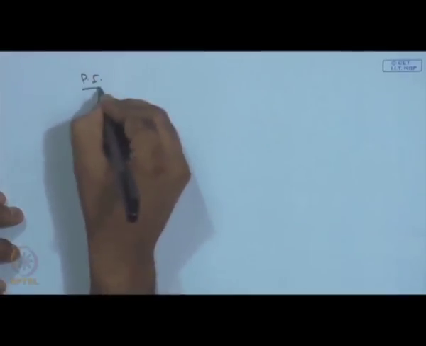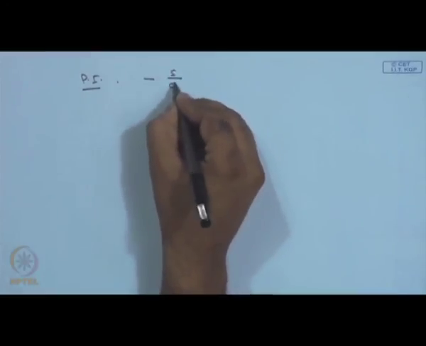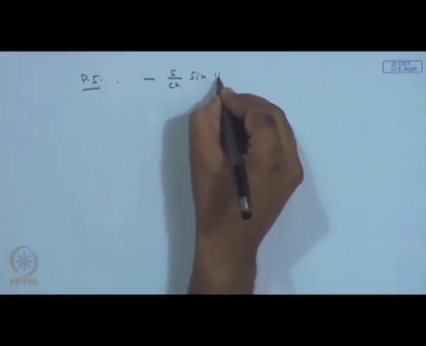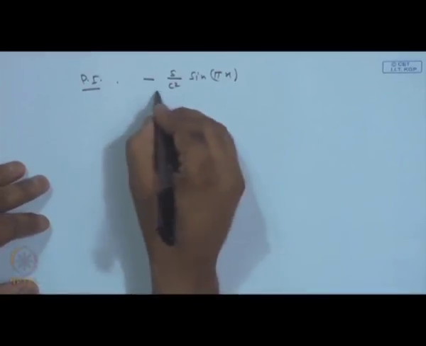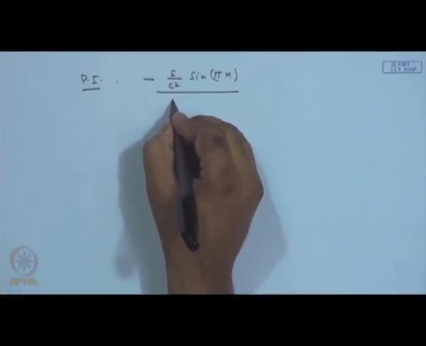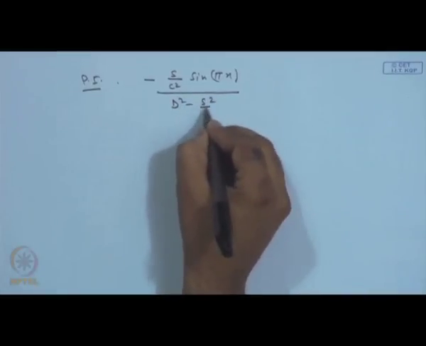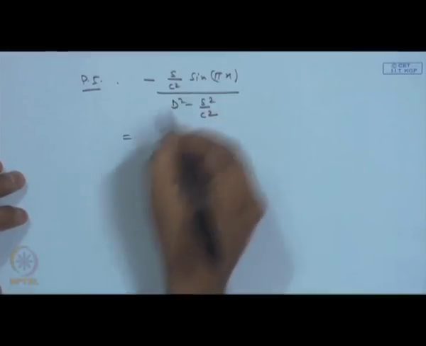So, the particular integral would be minus s over c square sin pi x, and we had here D square minus s square over c square. So, this will be minus pi square.